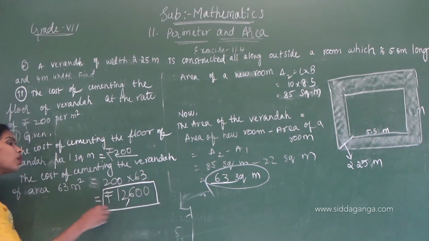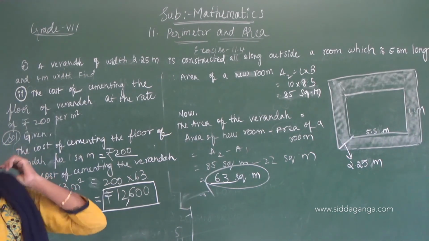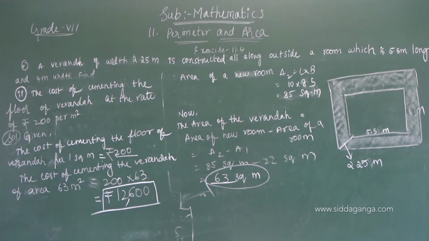To cement the veranda of area 63 square meters is 12,600 rupees.